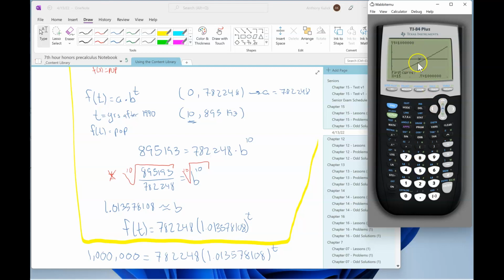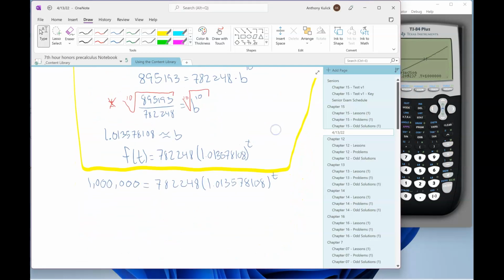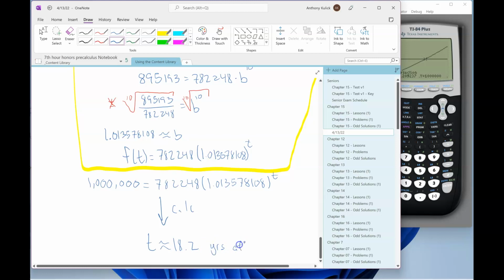Since there's only 2 curves and 1 intersection, I can just press enter 3 times and I get 18.2. What unit should I write here? Years after 1990. Very good.